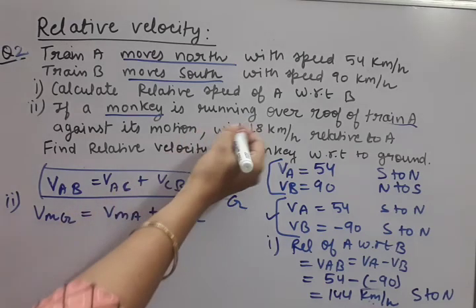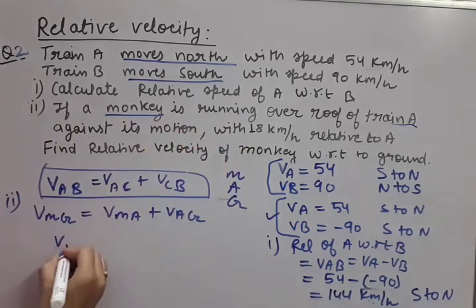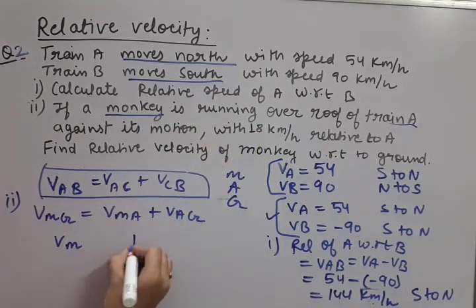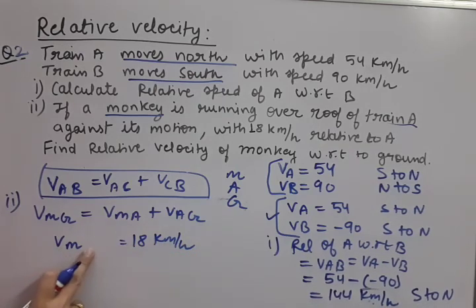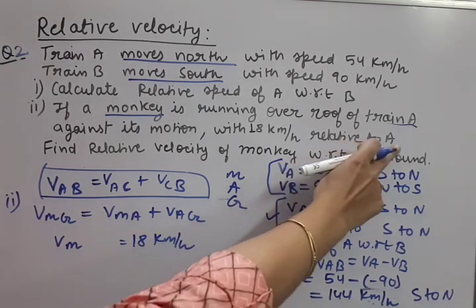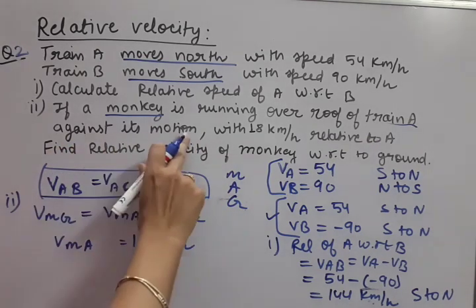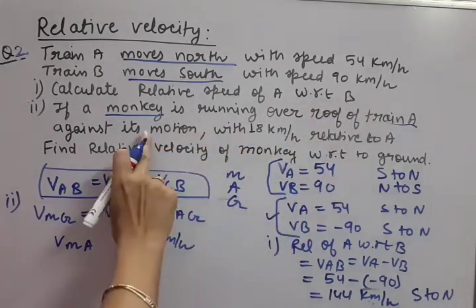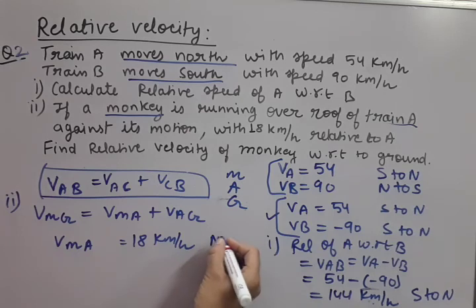Let us take the help from the question. The velocity of the monkey is given as 18 km per hour, relative to A, and it is written that it is against A's motion. A is moving south to north, so actually the monkey is moving from north to south.